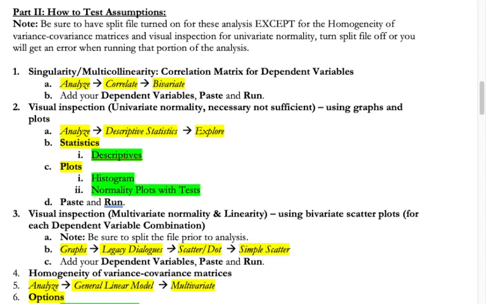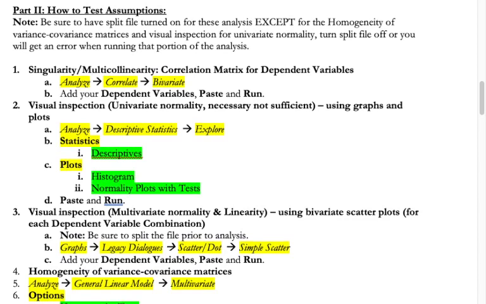And then here, it says visual inspection of normality, univariate normality, which is what we've already done, so I'm not going to go over it again.